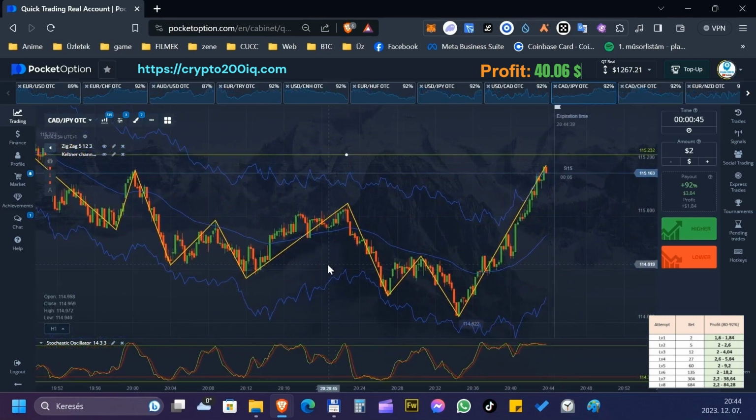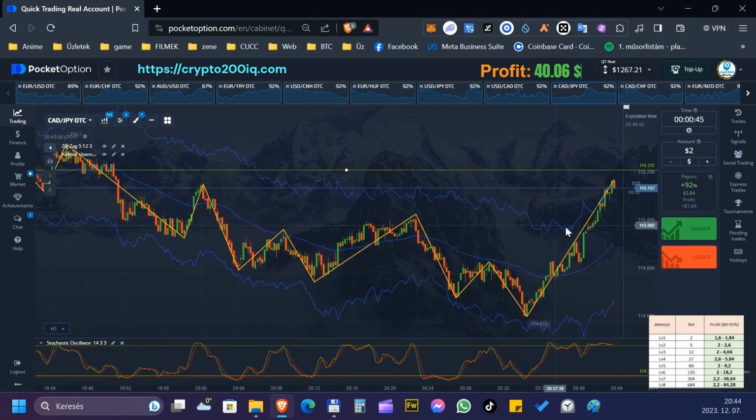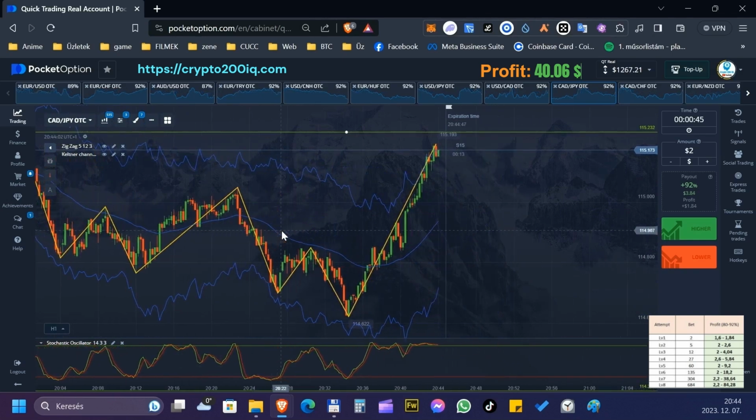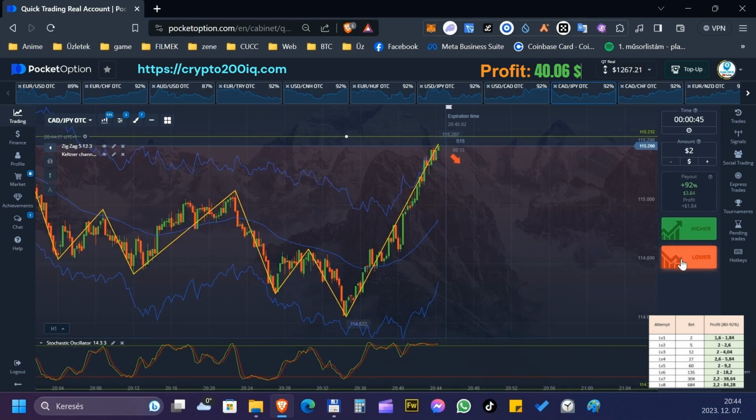Here we review the movements it has made so far and what can be expected. The oscillator is showing strong signals that the price will turn soon.